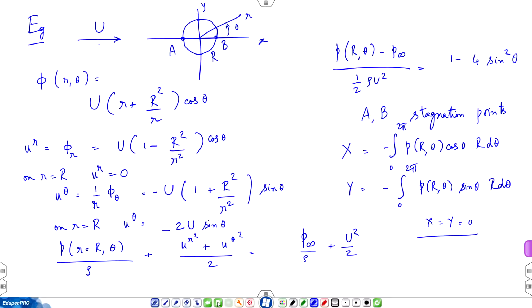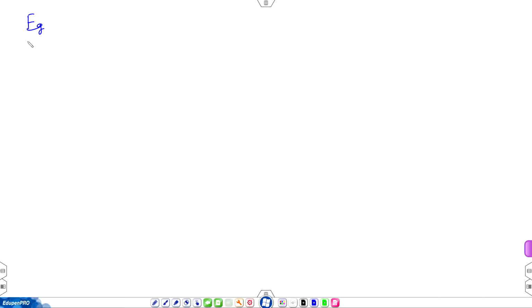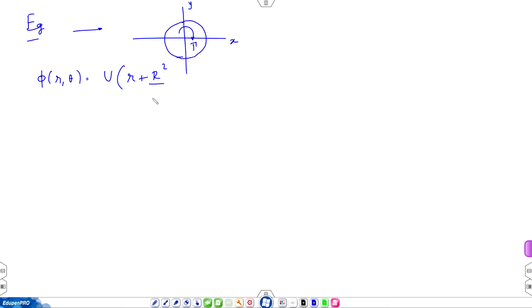Now, let us look at another example. Where we have added this extra term, and then we showed that this will represent uniform flow approaching a circular cylinder, where the cylinder is given angular rotation and the angular velocity is connected to the parameter gamma.